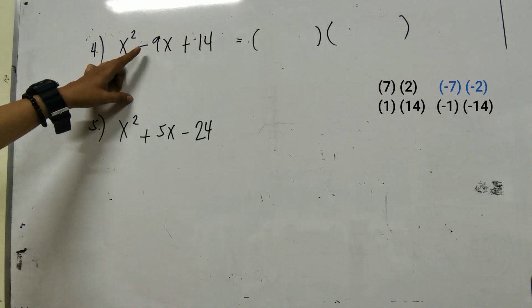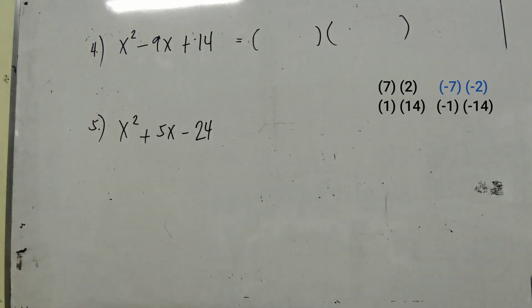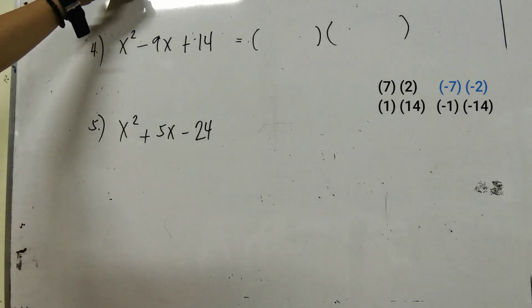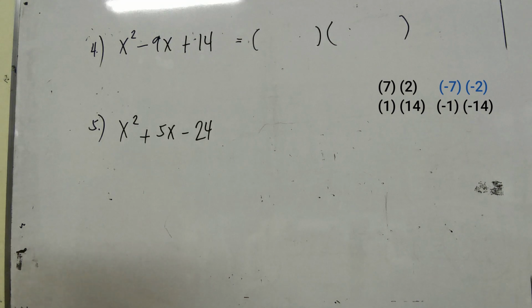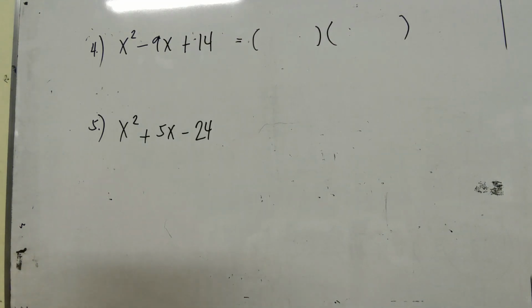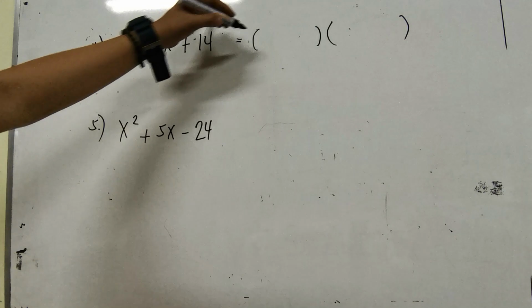Ibig sabihin, pag inad ko dapat yung negative, yung 2 and 7, dapat negative 9. So, in short, yung factors na ginamit ay negative 2 times negative 7.